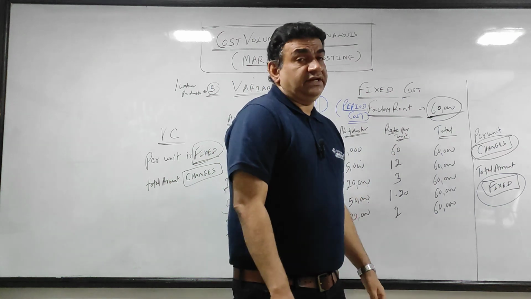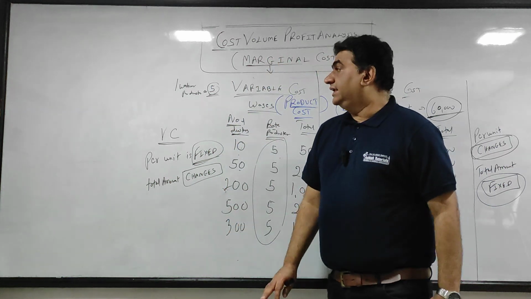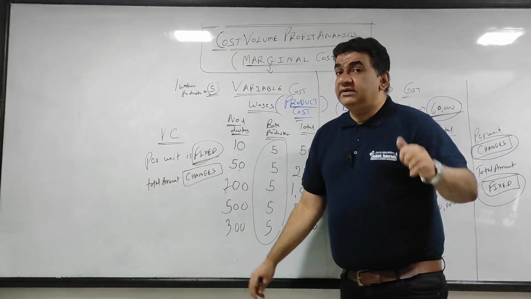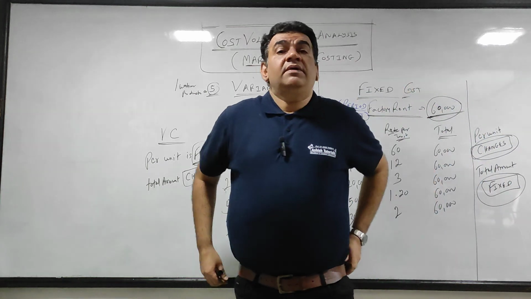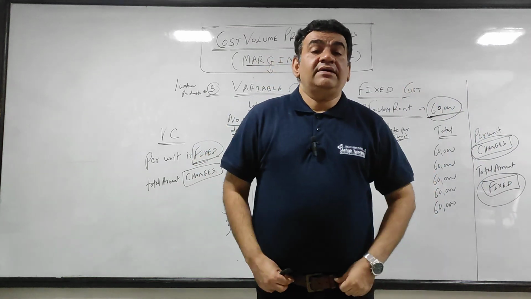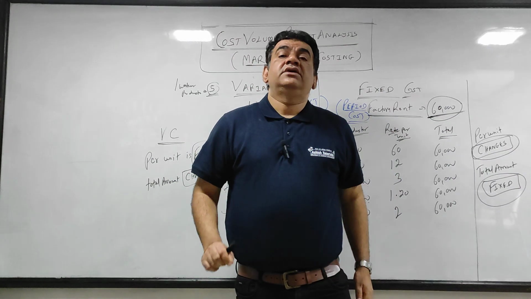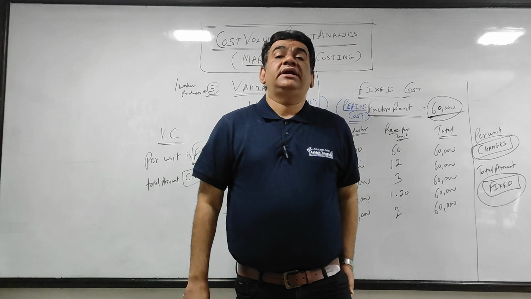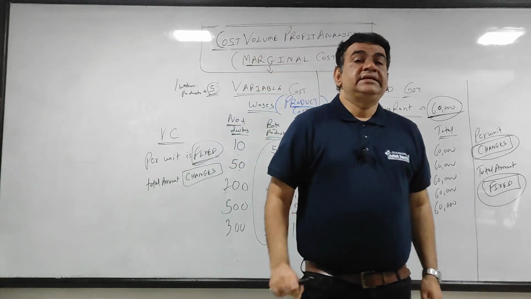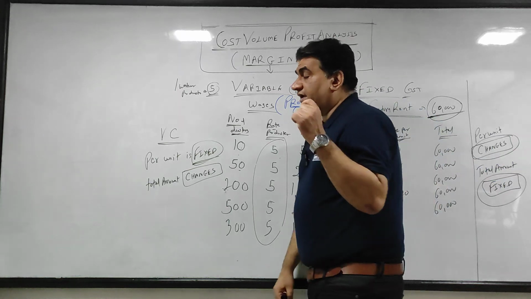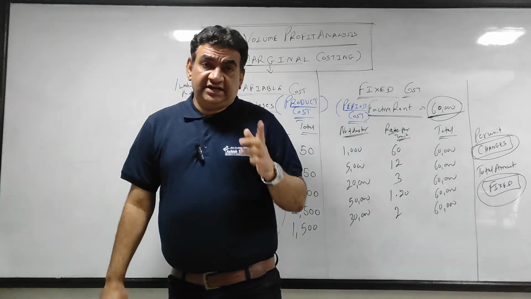Important for objectives. Got it, guys? Now, this was the basic explanation, and don't forget what I told you: marginal costing is not a method, it is a technique used in costing for taking important business decisions.